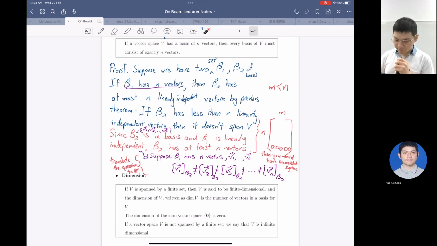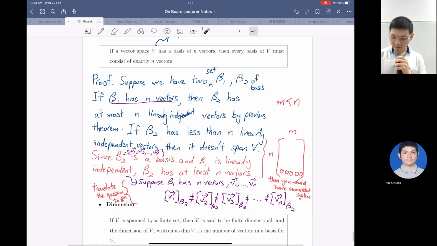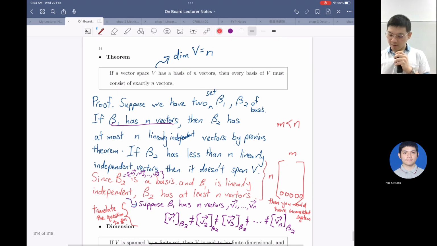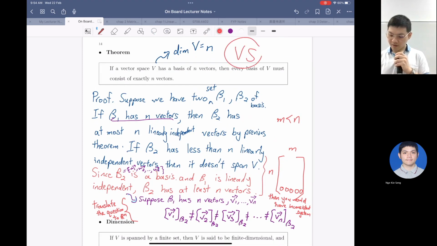So what we achieve is, if you have a vector space with n vectors in a basis, and you try to find different bases for it, it is still n vectors. What we get is an invariant of this vector space, which is the dimension of the vector space.